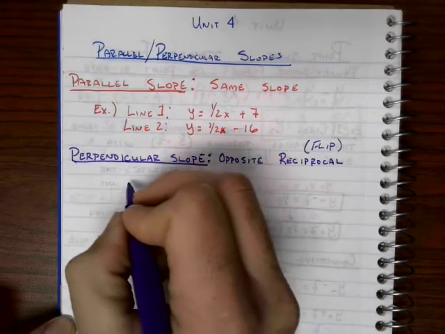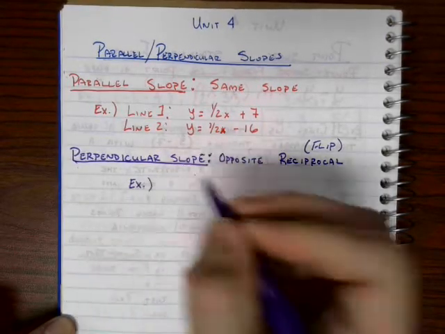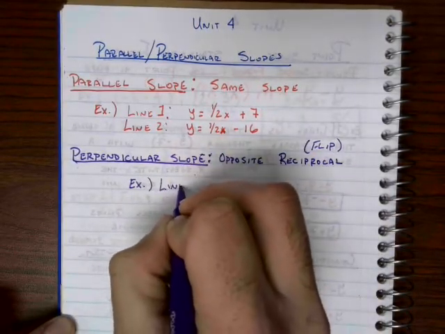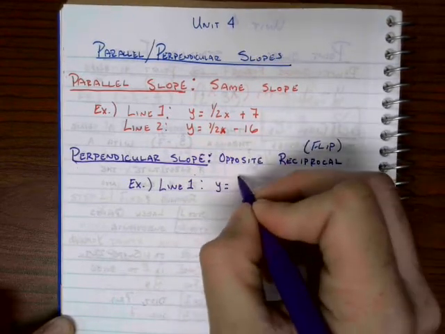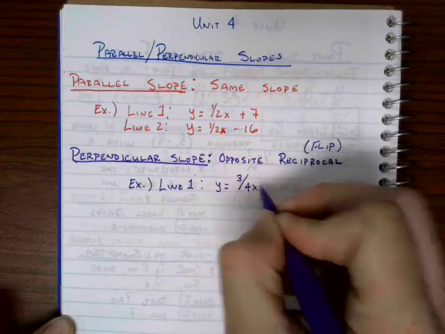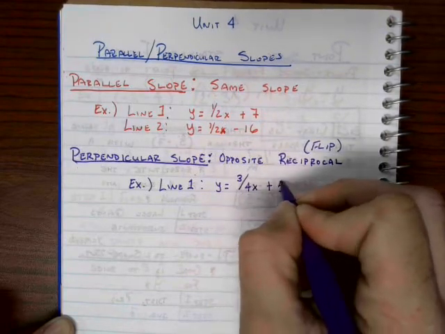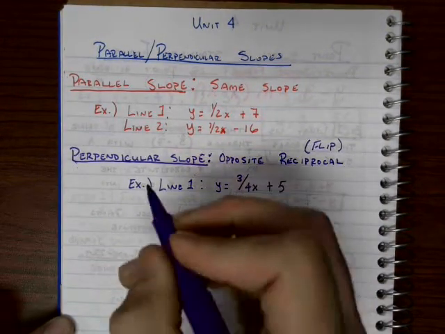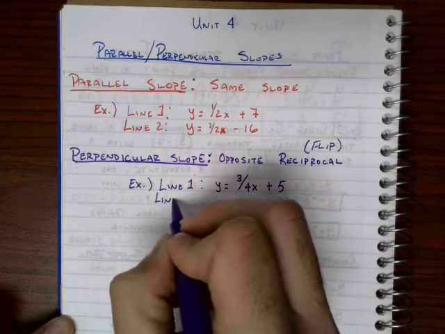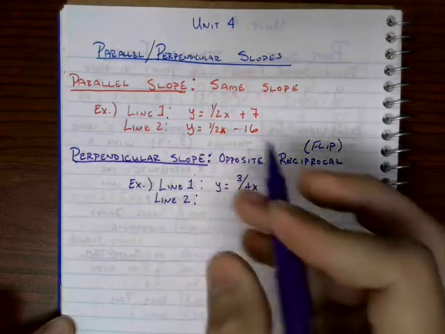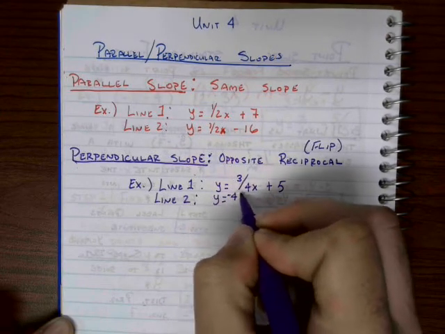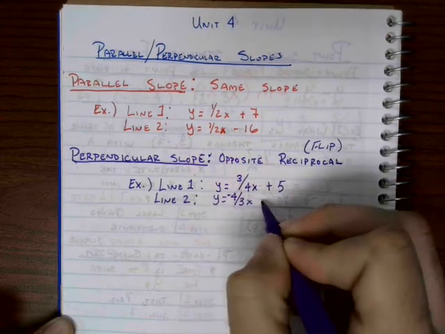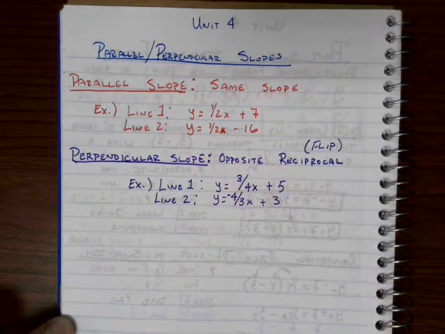So an example of these would be, let's say, line 1. I have y equals, say, 3/4 x plus 5. Okay, and the reciprocal to that for line 2, if they're perpendicular, we would have y equals negative 4/3 x, I don't know, plus 3.